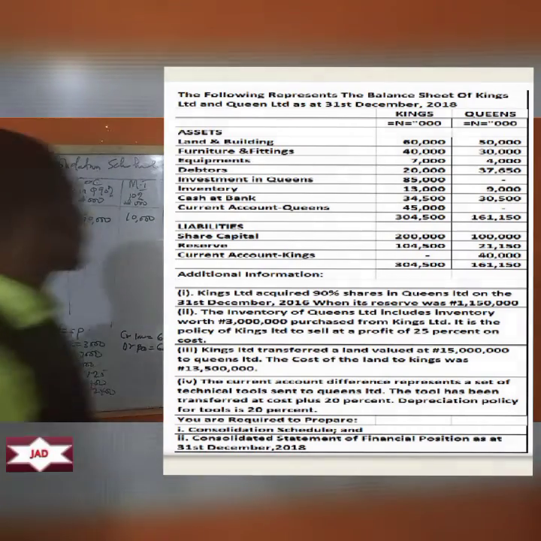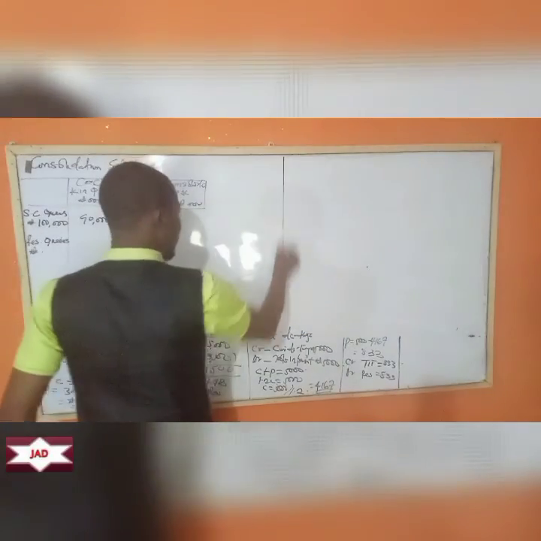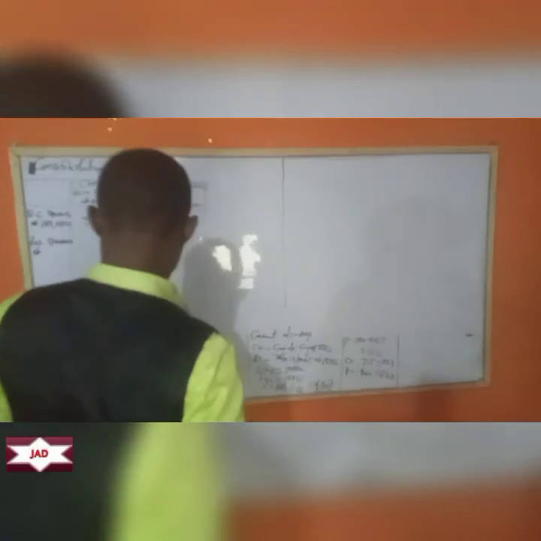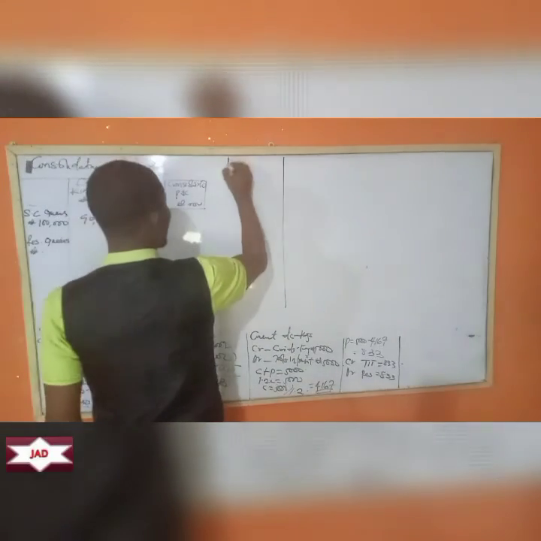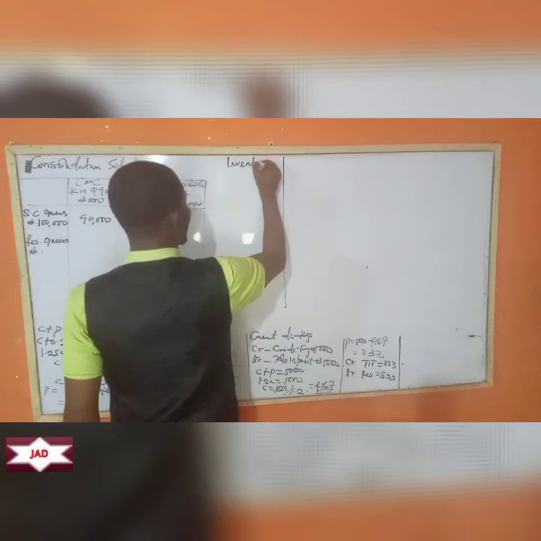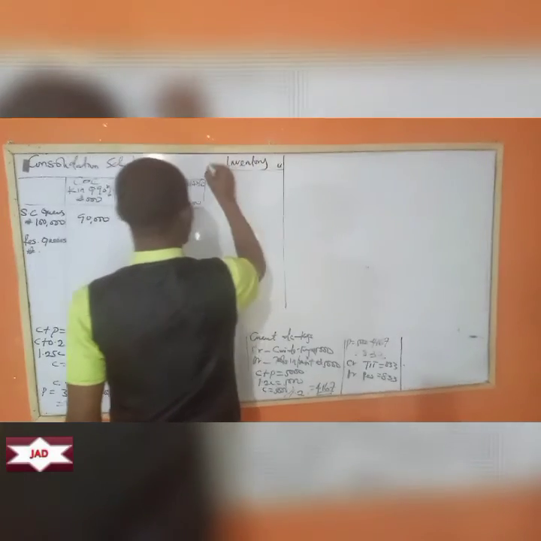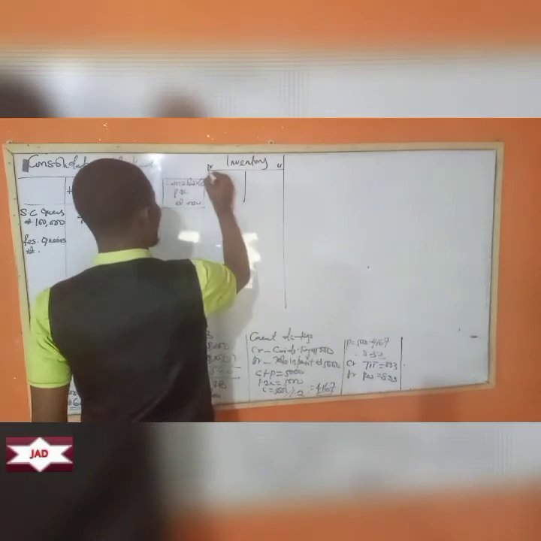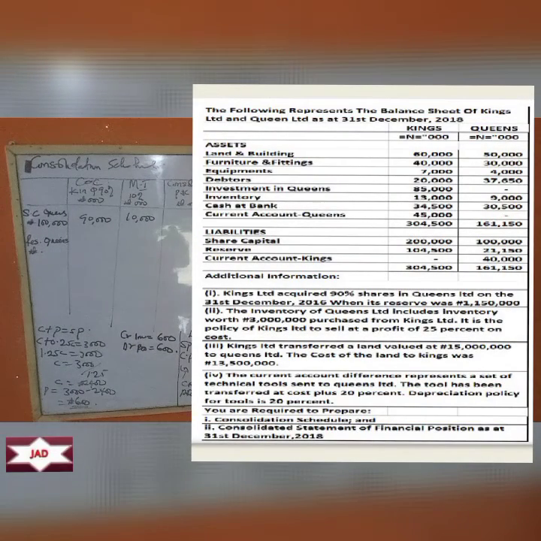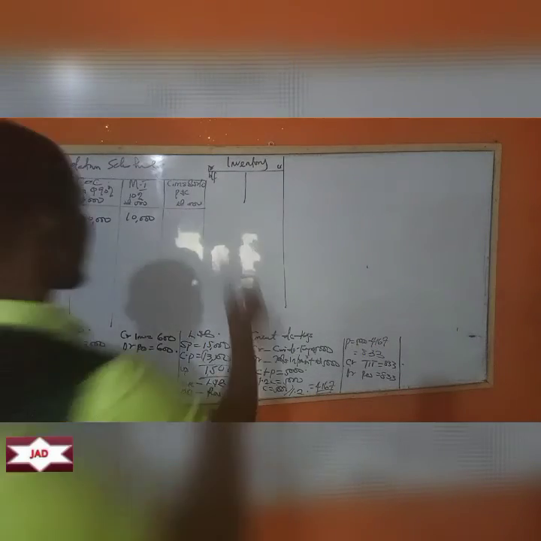So let's open our respective journals now. What is the first journal there? We have inventory, which is like stock. So we have balance brought forward. What is the balance brought forward for the inventory? We have 9,000.